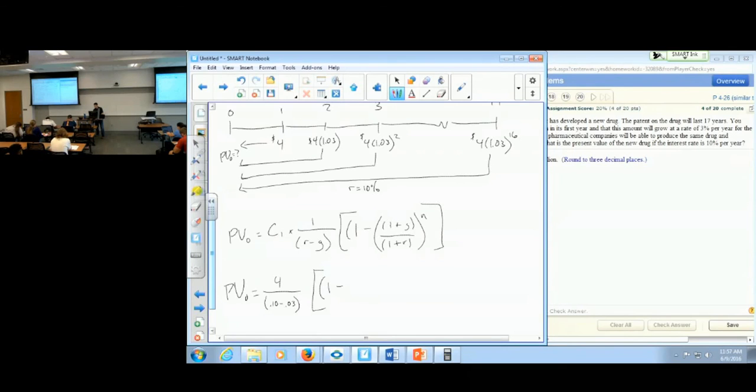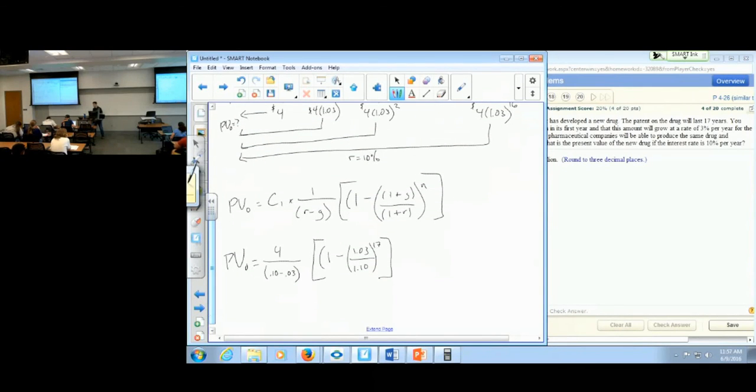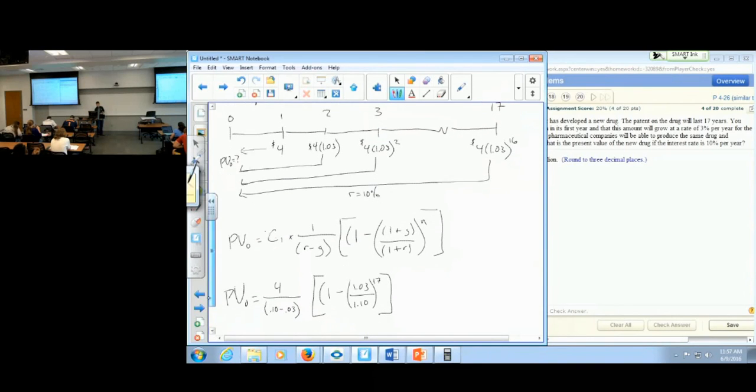I have 1 plus G, 1 plus my growth rate is going to be 1.03, and that's going to be divided by 1 plus my discount rate, 1.1. And I'm going to raise that entire quantity to n, which is the number of payments in this annuity. And so I'm raising that thing to the 17th, not the 16th. N, just like before, is the number of payments.